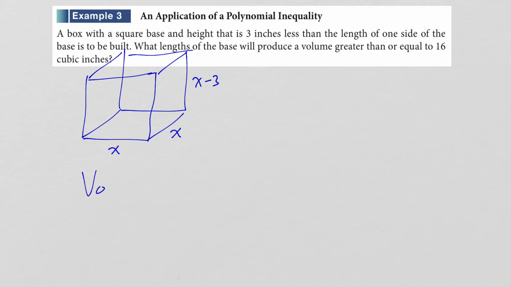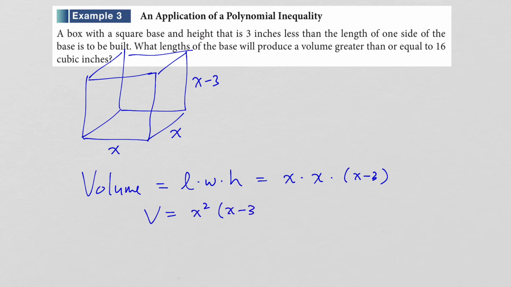And we know that the volume of the box is found by multiplying the length times the width times the height. Well, the length is x, the width is x, and the height is x minus 3. So the volume of our box is x squared times x minus 3. Okay, so that's the setup.